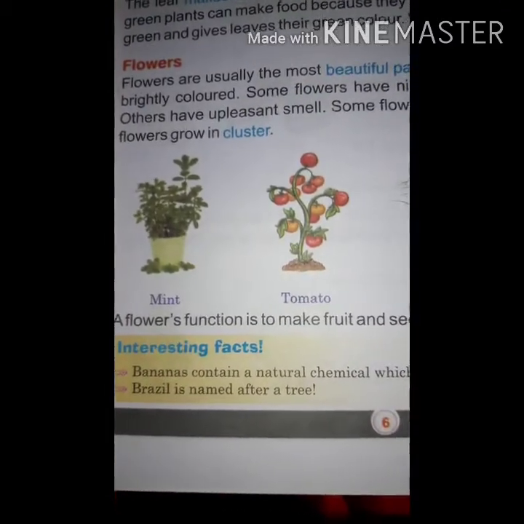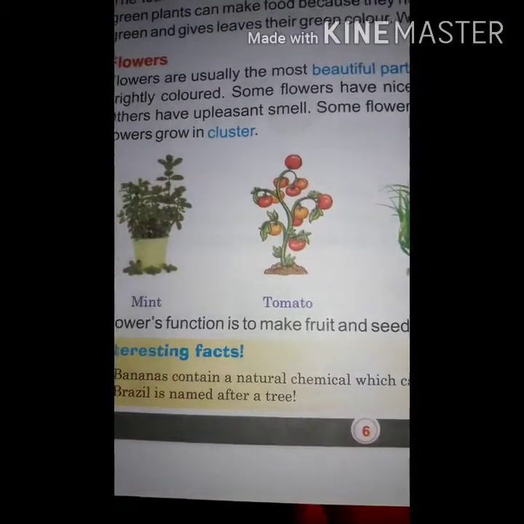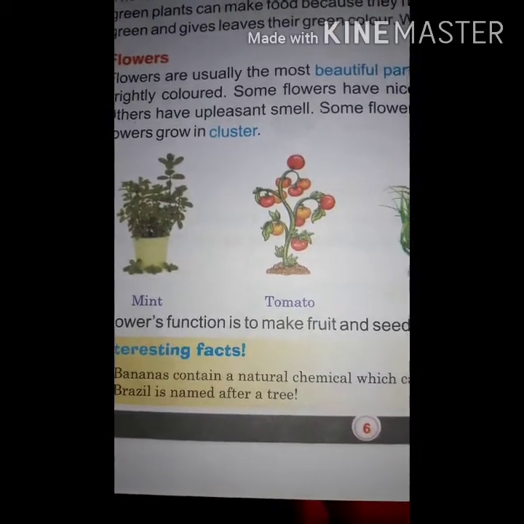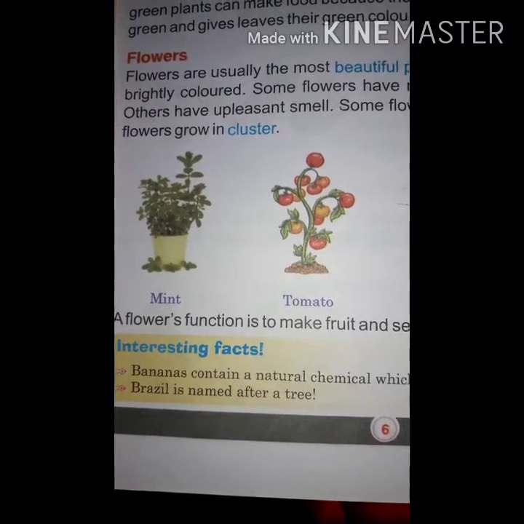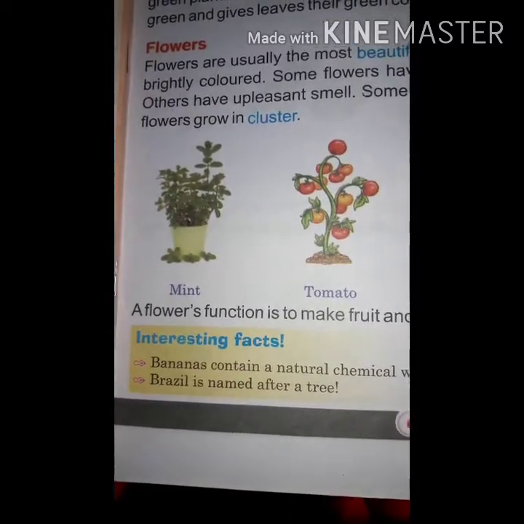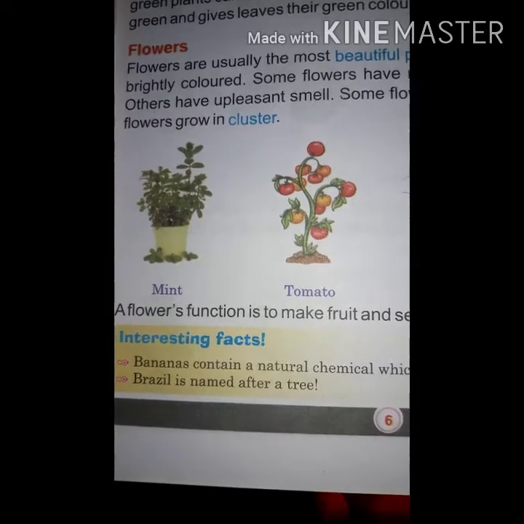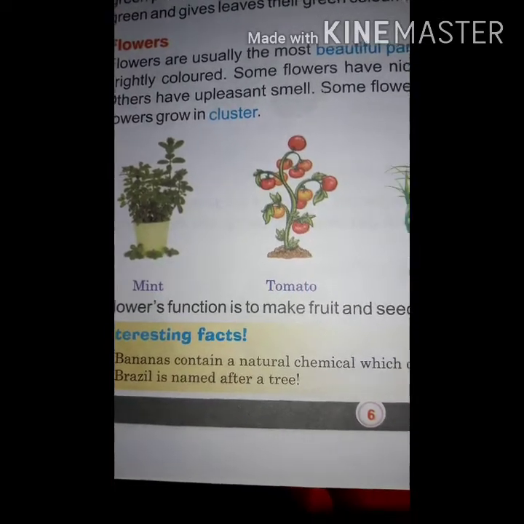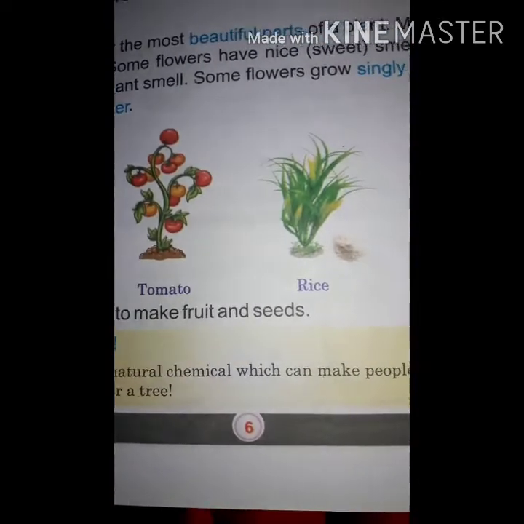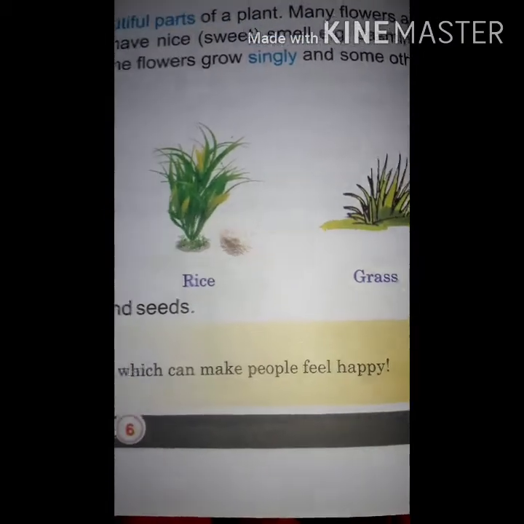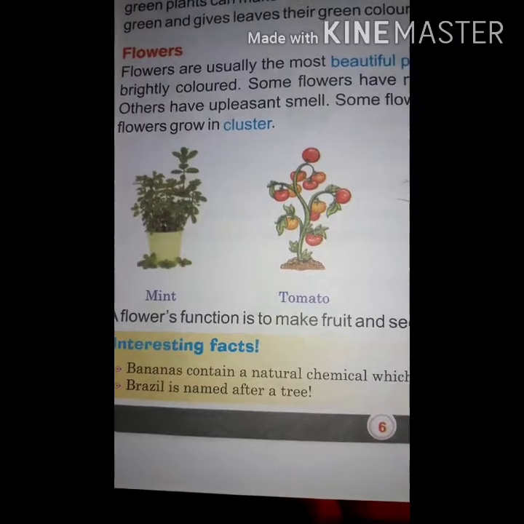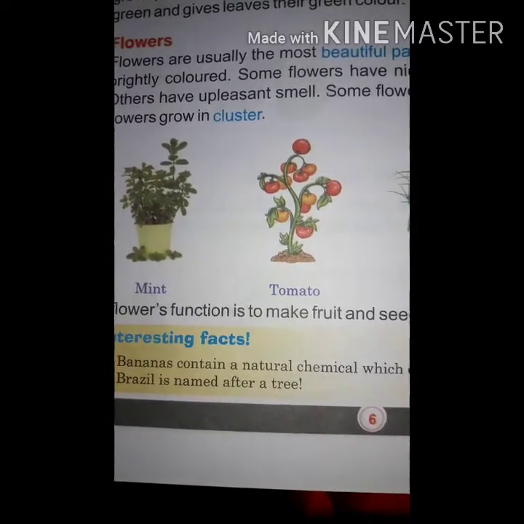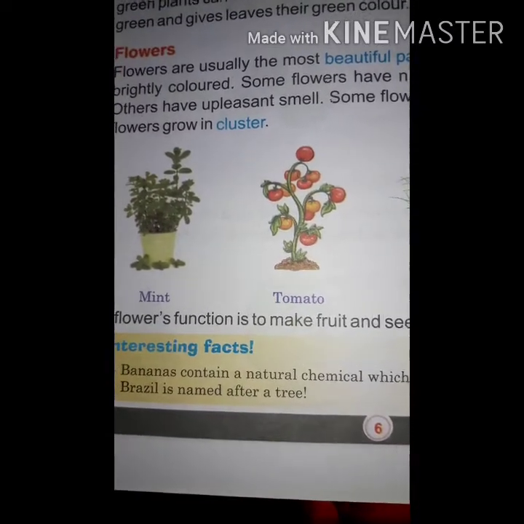A flower's function is to make fruit and seeds. What is the function of a flower? To make fruit and seeds. Now we will discuss interesting facts. Bananas contain a natural chemical which can make people feel happy. Brazil is named after a tree. These are the interesting facts.